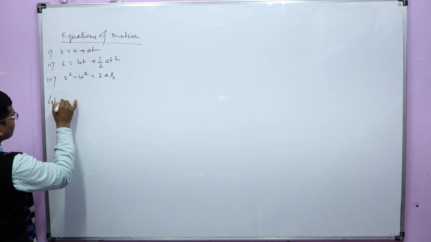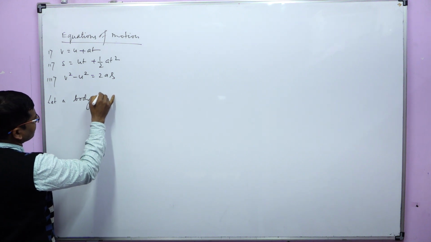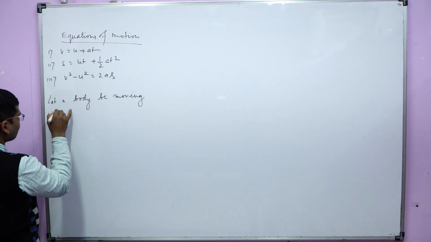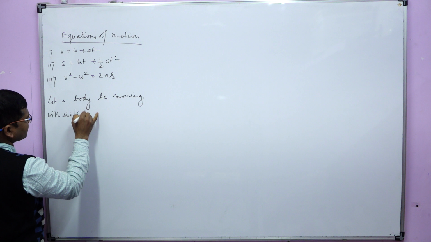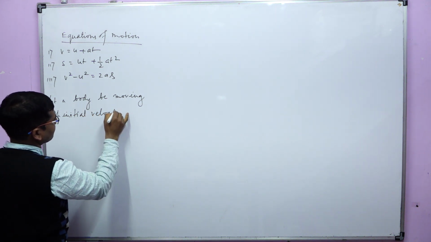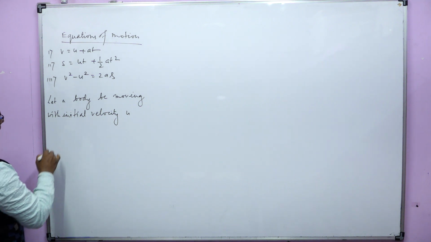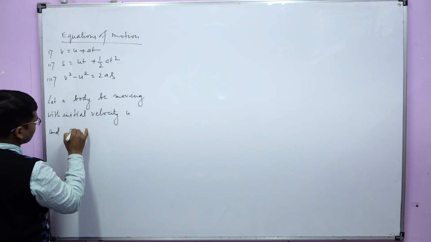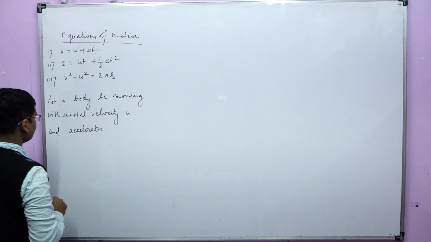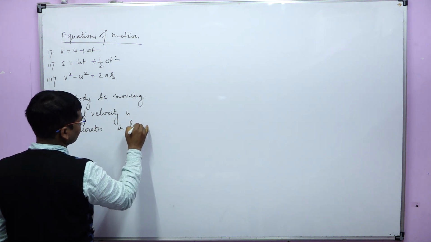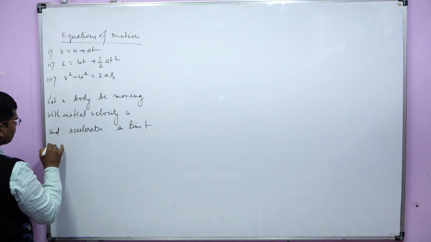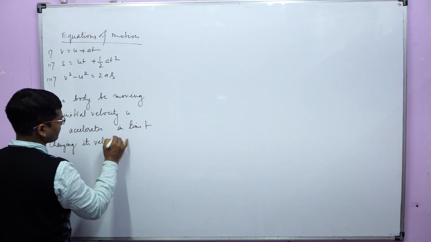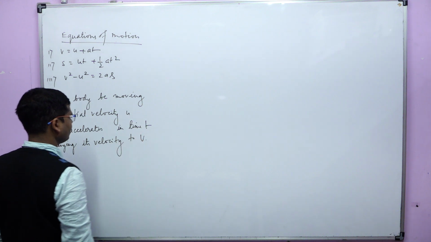Let us say a body is moving with initial velocity u and accelerates in time t, changing its velocity to v.